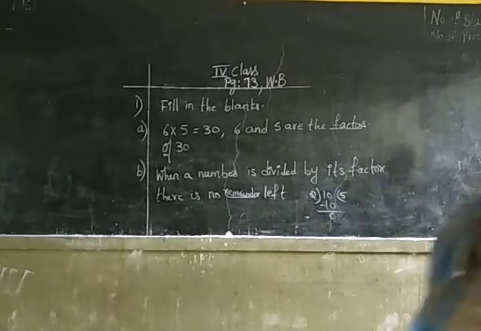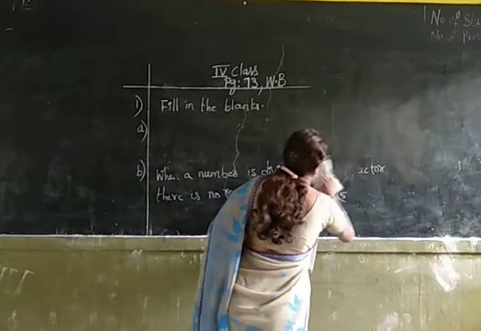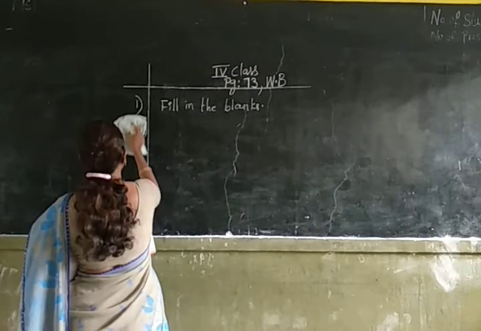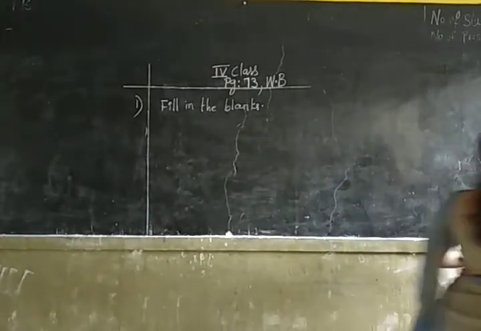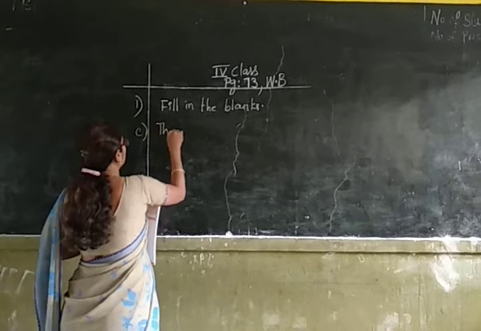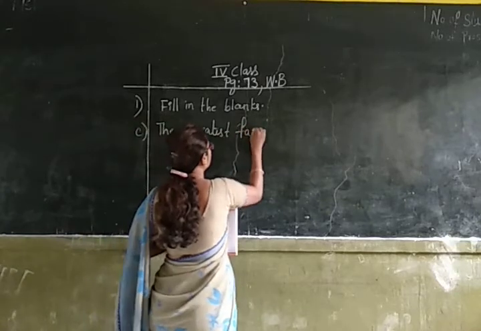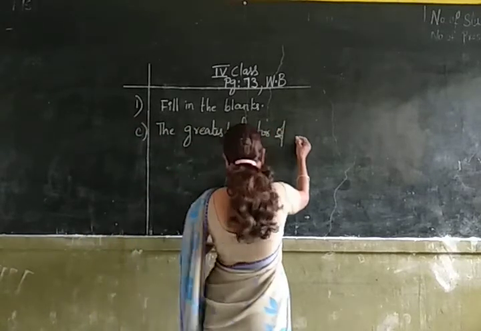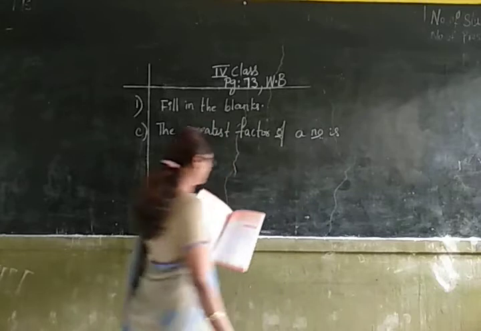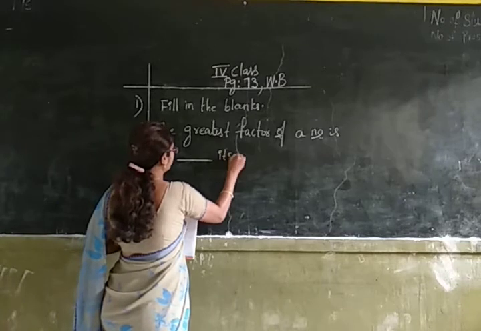Okay children, now let us do the C sum. The greatest factor of a number is the dash itself.